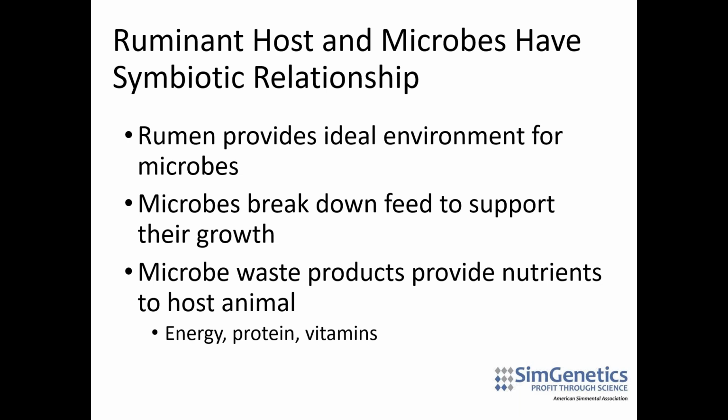After a microbe has lived its short life and broken down feed, it flows out of the rumen with the feed, and in the small intestine it will be broken down and absorbed as protein. So microbes are about half protein, a great protein source for a ruminant animal. And some of the microbes actually make vitamins, which is another source of vitamins for a ruminant animal.